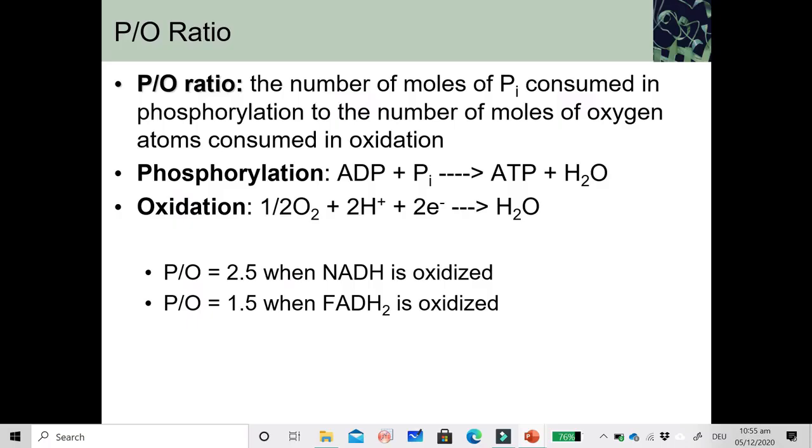We have a P to O value of 2.5 when NADH is oxidized, and 1.5 when FADH2 is oxidized. What does that mean? These values were experimentally determined, by the way. When 1 mole of NADH is oxidized, it produces 2.5 moles of ATP, while when 1 mole of FADH2 is oxidized, it produces 1.5 moles of ATP.